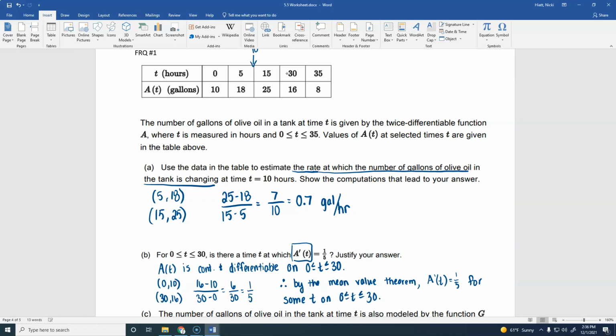You can't actually find that point because you don't have an equation. It doesn't ask you to. It just asks you to justify it has to equal that at some point. Yes.